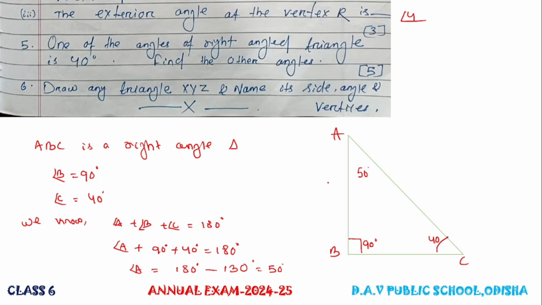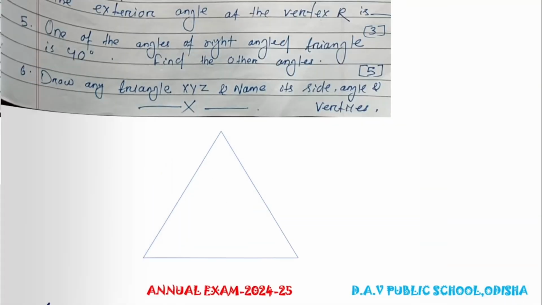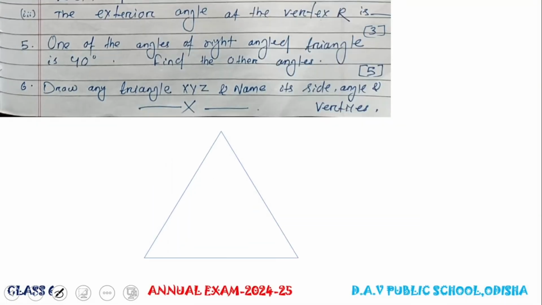Okay, next question. Draw any triangle XYZ. Okay, this is a triangle XYZ. You draw it using a scale and pencil. Name X, Y and Z. Name its sides.